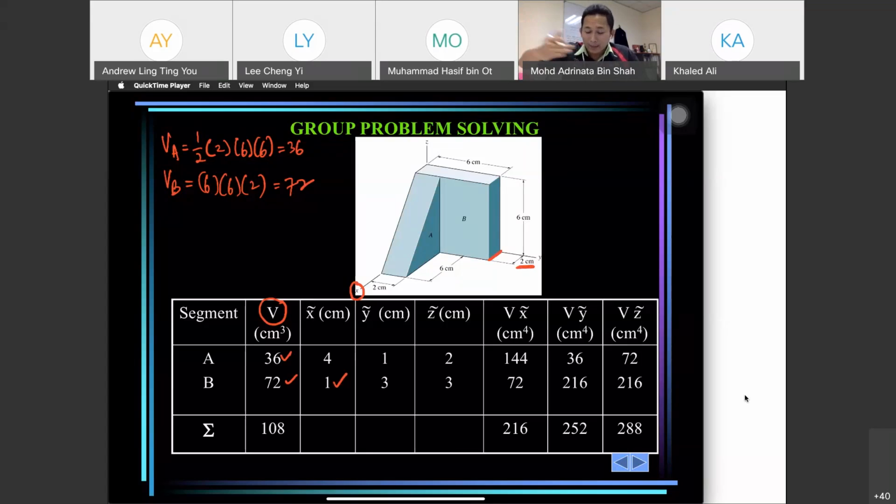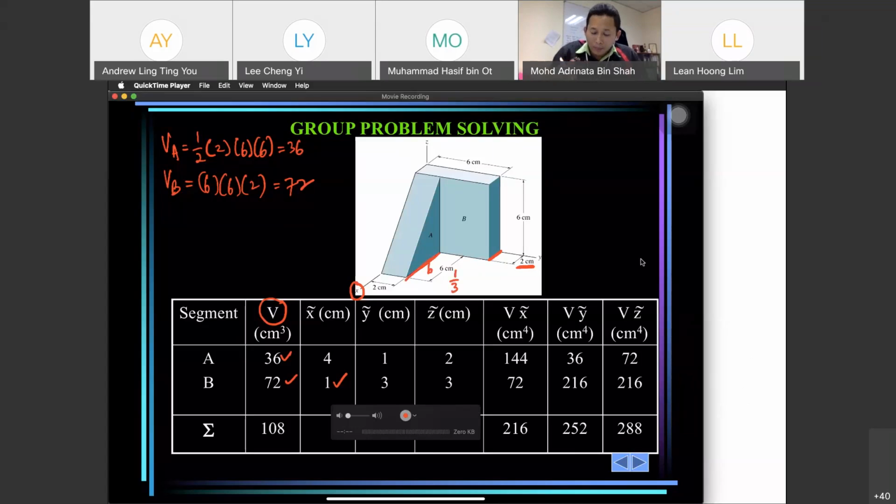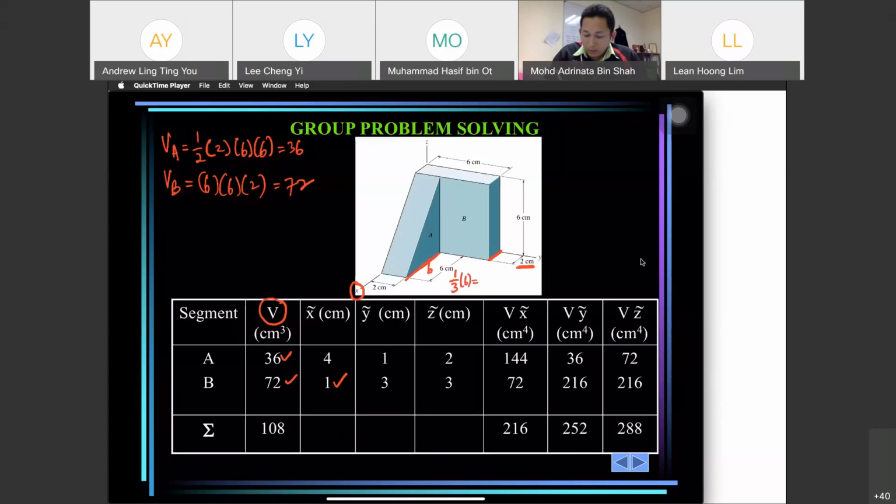From Y. So X bar for our component A is, this is the length of 6 cm. We know that it is 1/3 of 6, which is 2 cm.